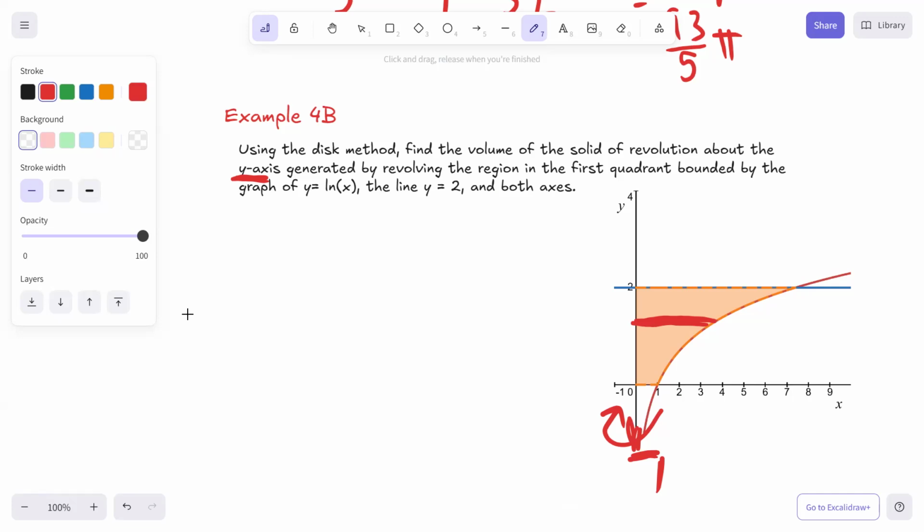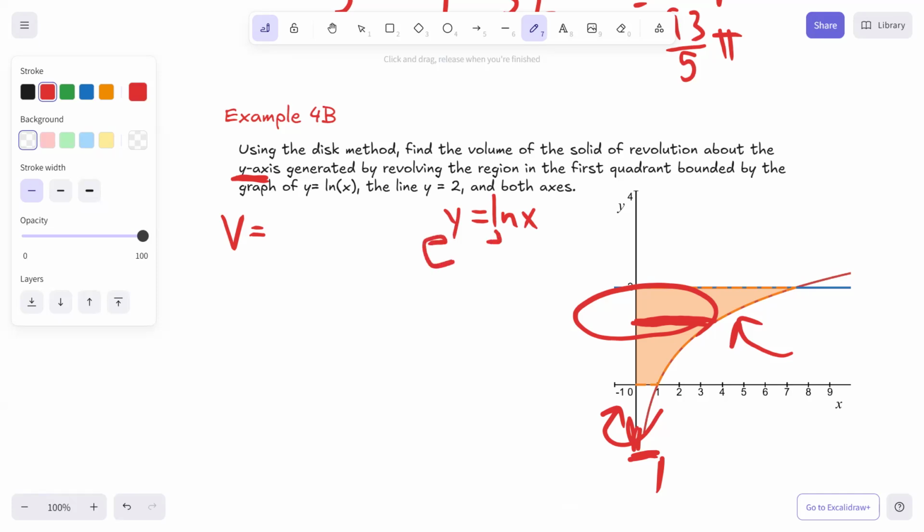If you take a horizontal strip, then the thickness of that strip is dy. Okay, so we have a circle there. And the radius function in this situation is given by this graph, which is natural log of x. But because y equals natural log of x is in terms of x, we need to solve this for x to get it in terms of y.